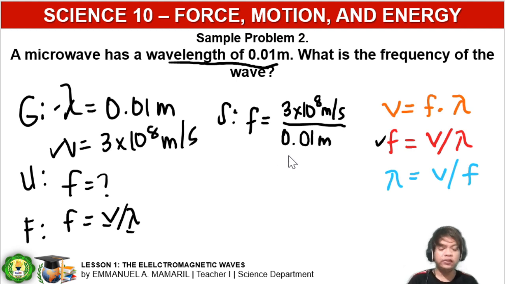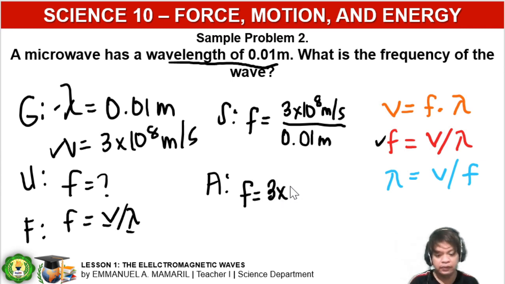Again, you can use your scientific calculator or a scientific calculator on the internet, or pwede rin naman yung simple calculator nyo lang dyan sa bahay. So that's 300 million divided by 0.01. So kung i-input po natin yon, the answer here, frequency is equal to 3 times 10 exponent 10 hertz. So that's 3 with 10 zeros.